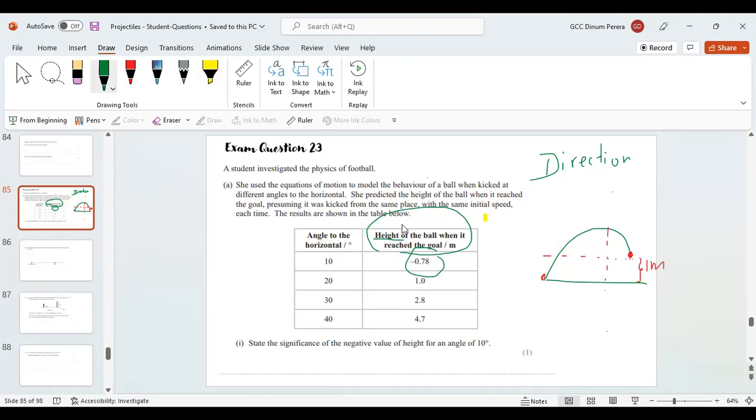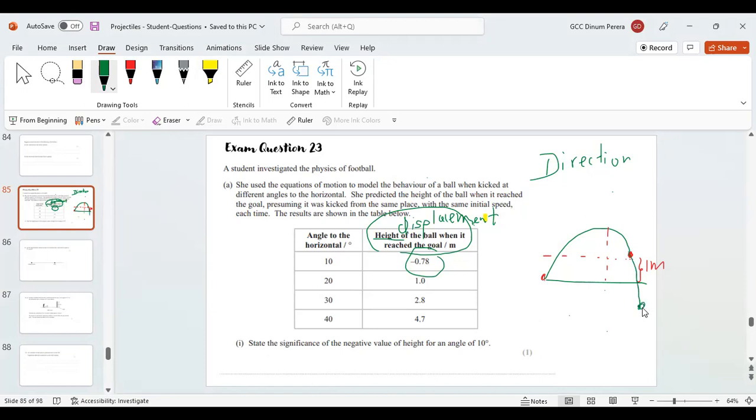Since the height is related to displacement, you need to write your answer based on the displacement. Remember, the displacement is negative. If the displacement is negative, the ball should be below its starting position. That's what you need to write. The ball would be below its starting position.